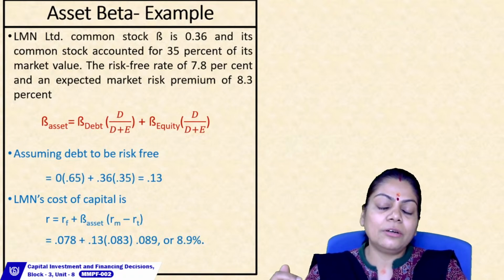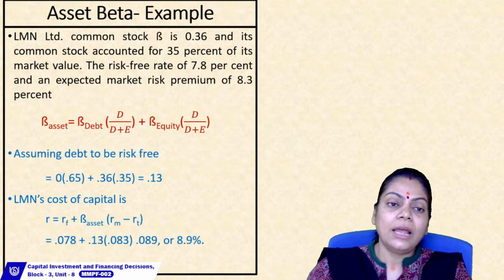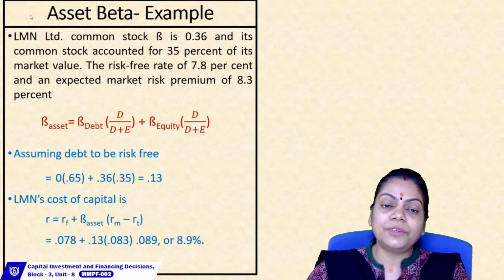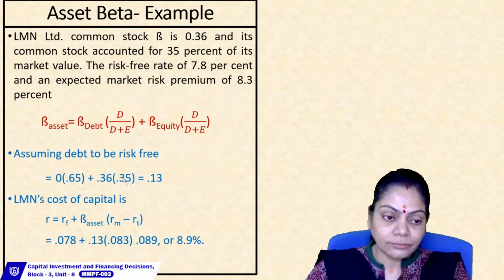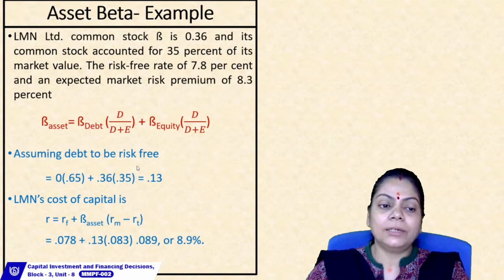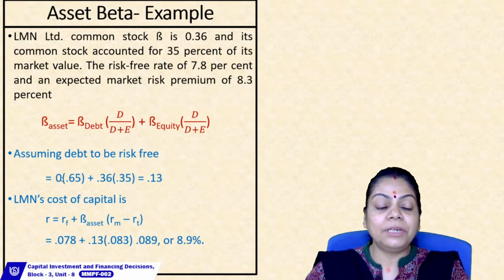Suppose we are assuming that the debt is risk free, the risk-free rate is 7.8% and the expected market risk premium is 8.3%. So in that case, how do I proceed? We first talk about the asset beta.